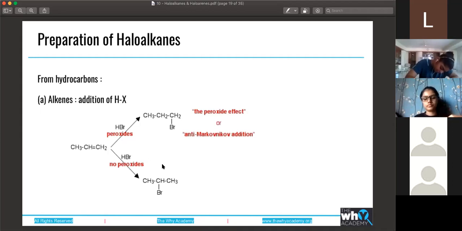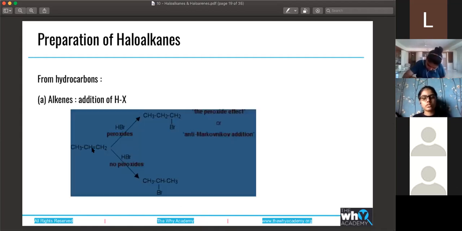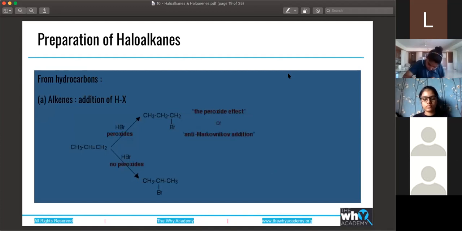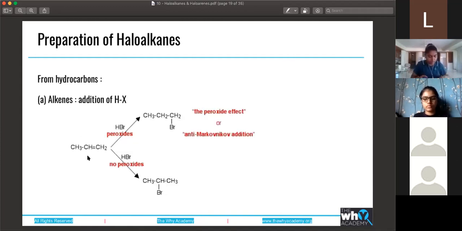Another way to look at it is that the hydrogen gets added to the carbon atom that is already bonded to more hydrogen atoms, and the substituent gets added to the carbon with fewer hydrogen atoms.